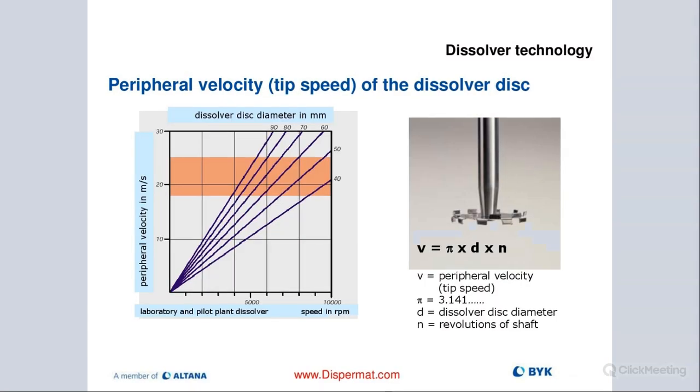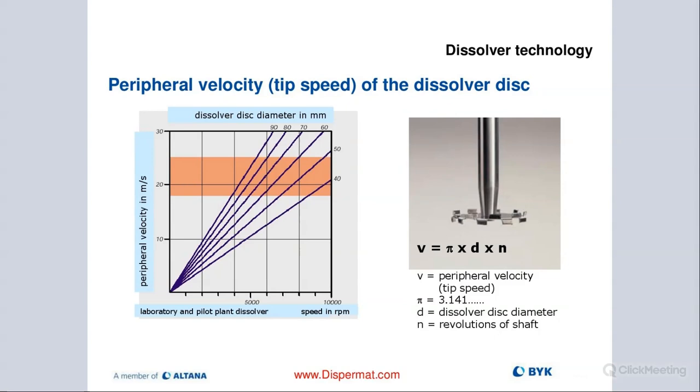Okay, so this is a really important formula, and you may want to write that down. This is actually the tip speed formula. So our tip speed is the RPM times pi times the diameter of our Cowles blade or dispersing blade. And if you want to figure out meters per second, then you would express the diameter of the blade in meters.